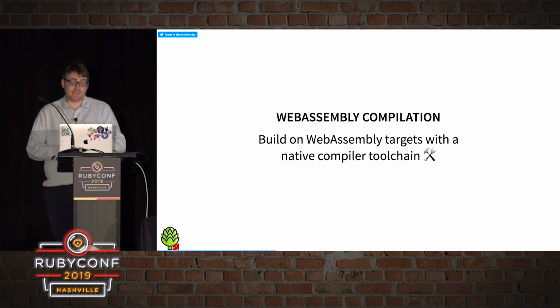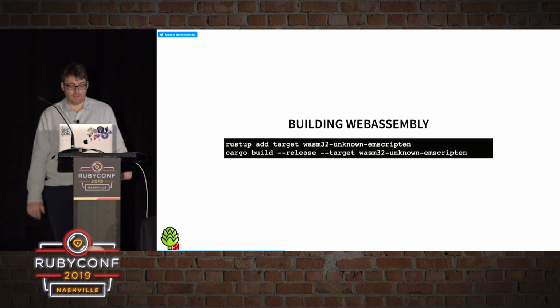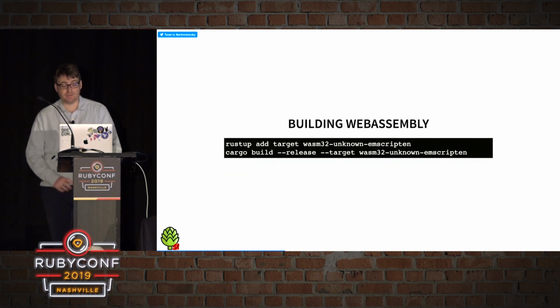One easy win we have is that Rust has a native WebAssembly backend, which means that we can write Rust code and very easily compile it to WebAssembly in a format that's consumable by the browser. Building for WebAssembly in Rust is as simple as invoking these 2 lines of code, which means that it's easy to add to something like a build process to compile your Ruby application for the web.